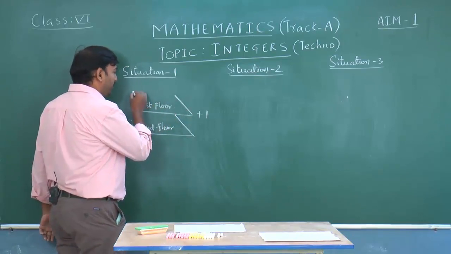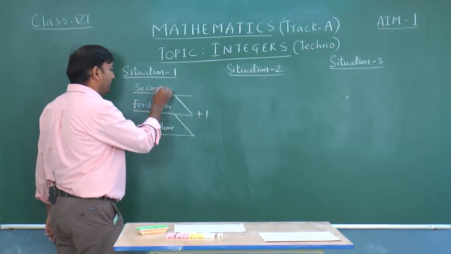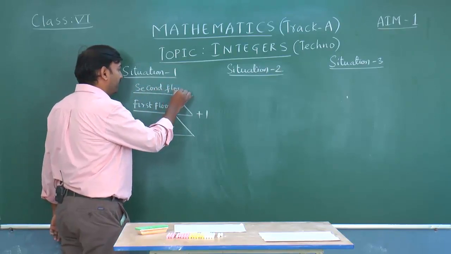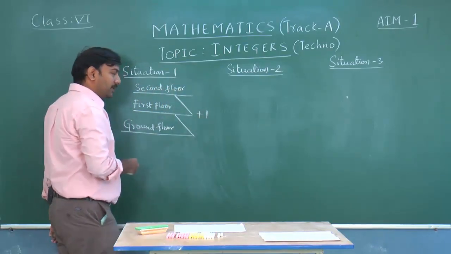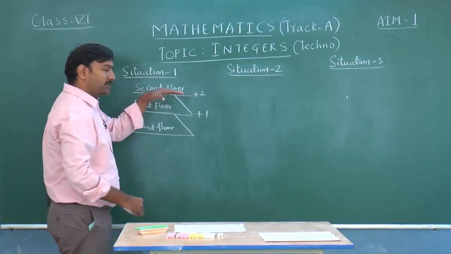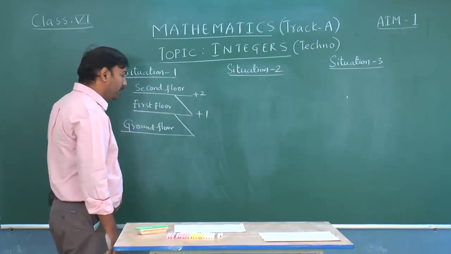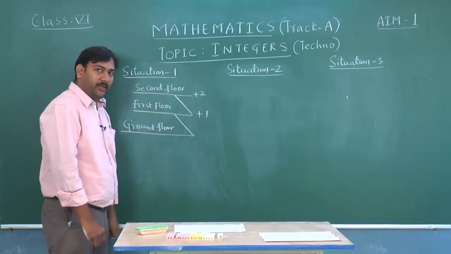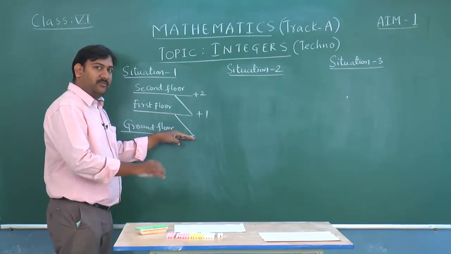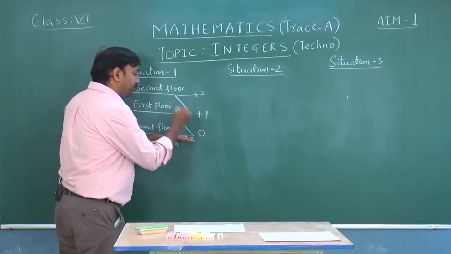And if the person wants to move to the second floor, obviously the second floor is indicated by the number +2, because the second floor is 2 floors above the ground floor. What about the ground floor? As the ground floor is just the basic floor, it is indicated by the number 0.